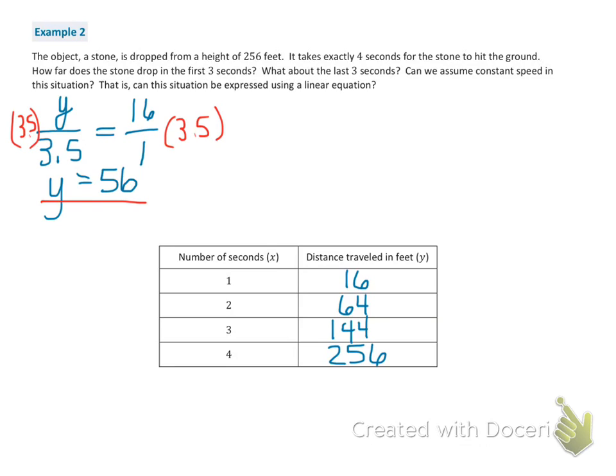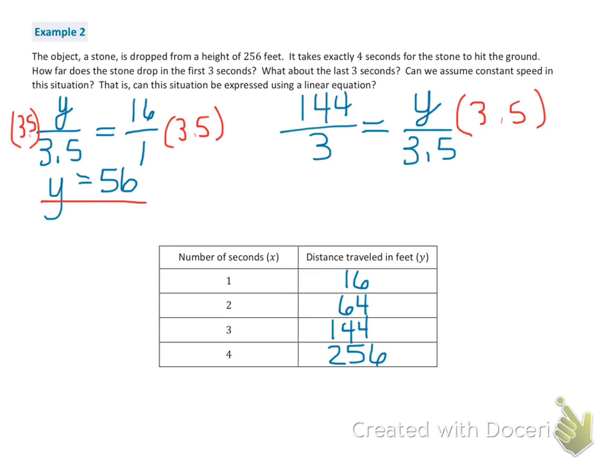We could even do it again. We could look at the rate over the 3 seconds, say. So it went 144 feet in 3 seconds. So maybe it'll go y feet in 3.5 seconds. So again, we can multiply by 3.5 on both sides.